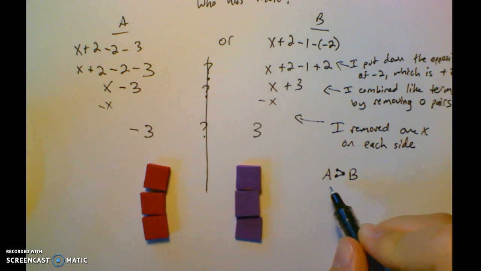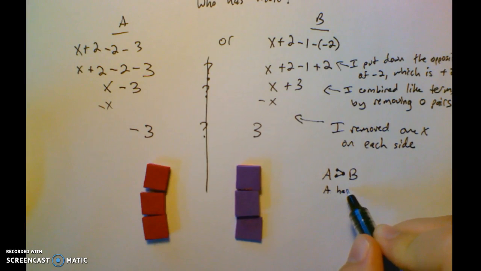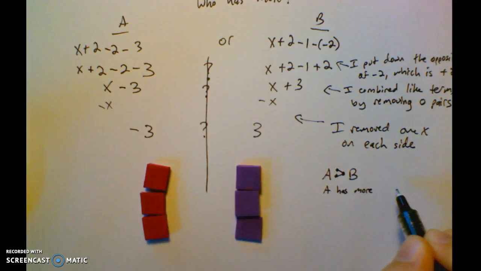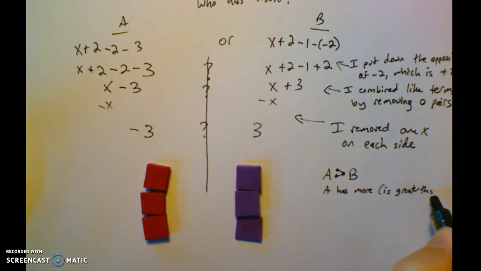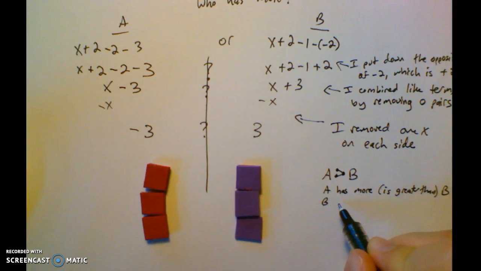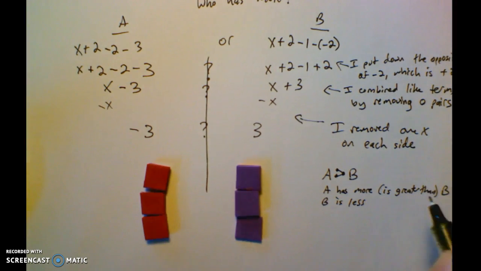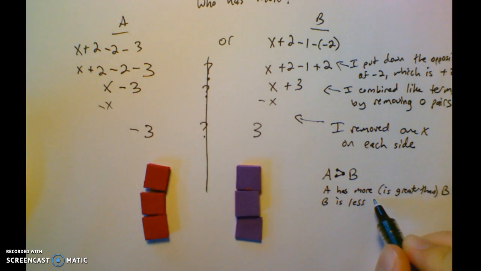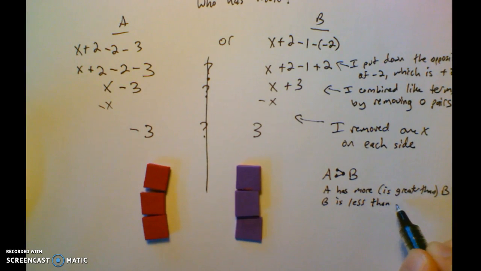So this is saying that A has more or is greater than B, which is the same thing as saying that B is less than or has less than A. Either way I think about it, B has less, A has more means the same thing.